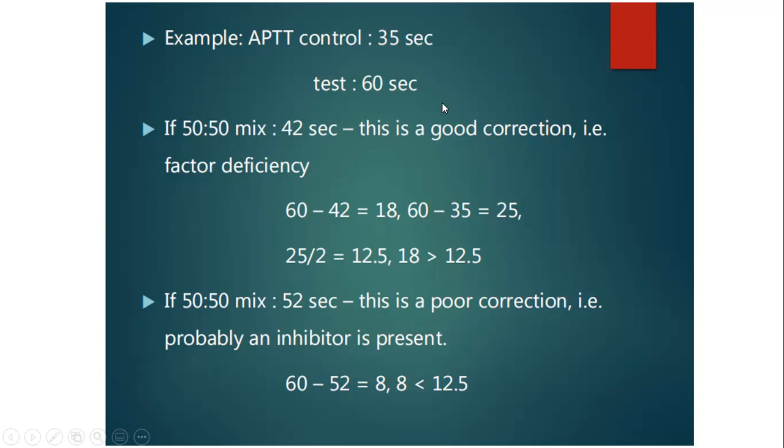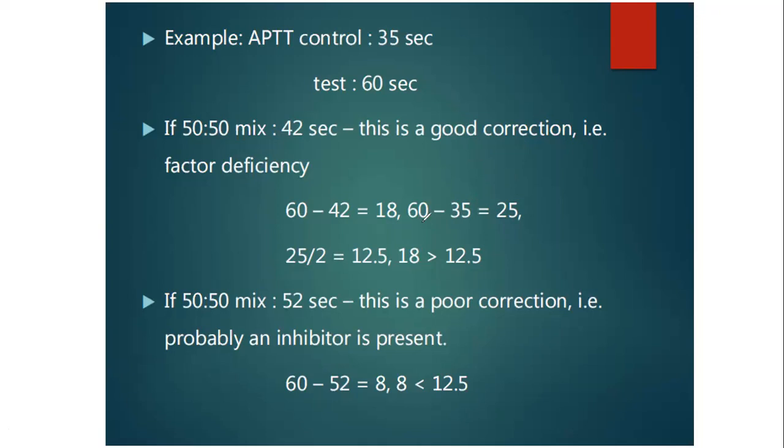We do that by getting the difference between the APTT of the test sample, which is 60, minus the 35 of the control, and we have 25.